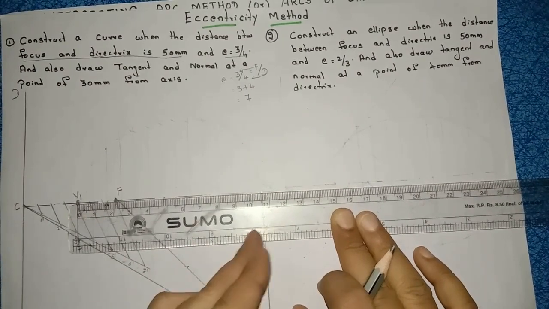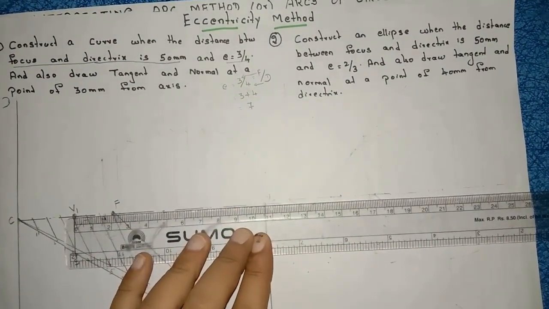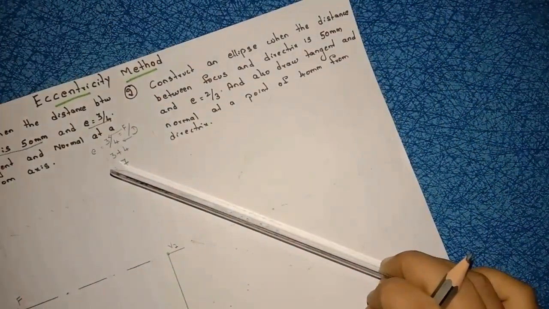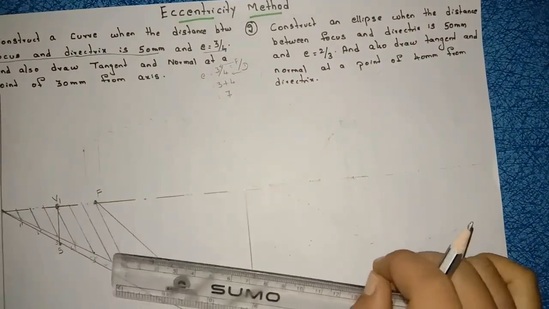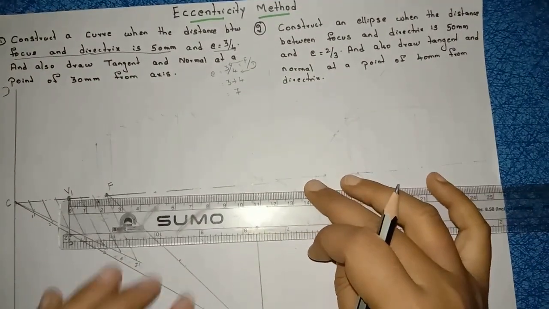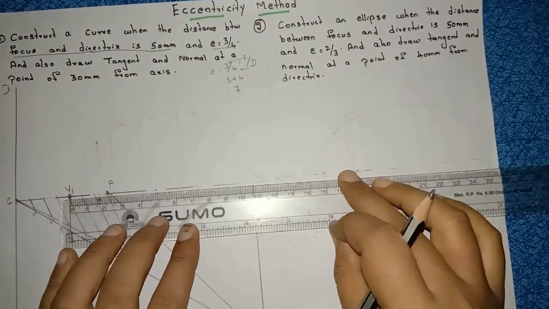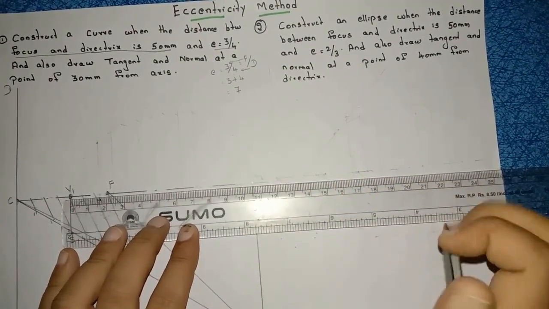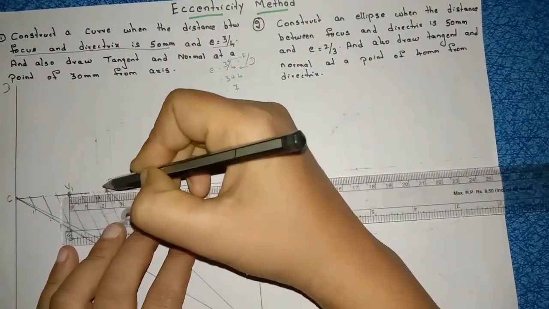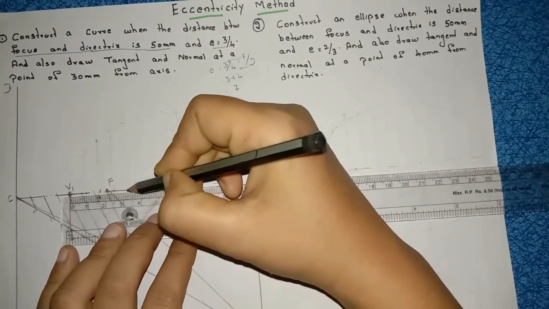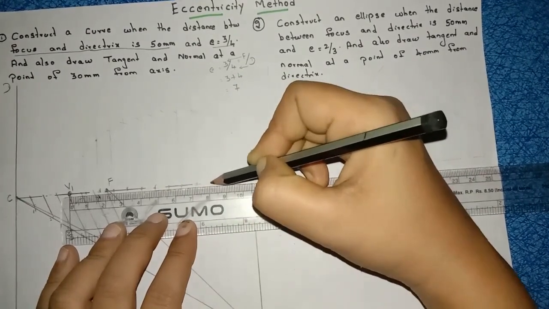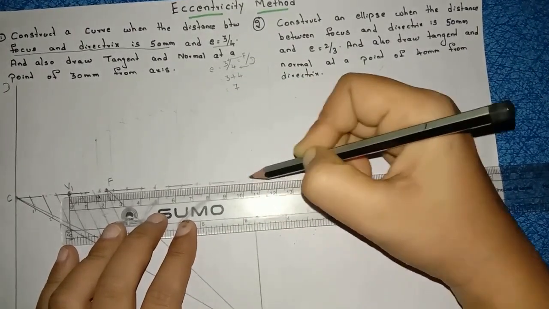I can divide this distance into any number of equal parts, as is convenient. But if you take more than 7 or 8, you will get exactly the shape of the ellipse. Simply keep your scale like this. I got 10.5 here, so I am dividing into 8 or 9 equal parts. If I want to divide into 8 equal parts, I do 10.5 by 8.